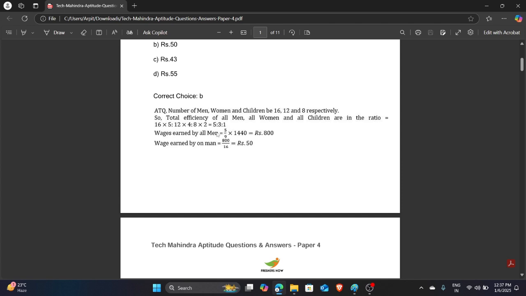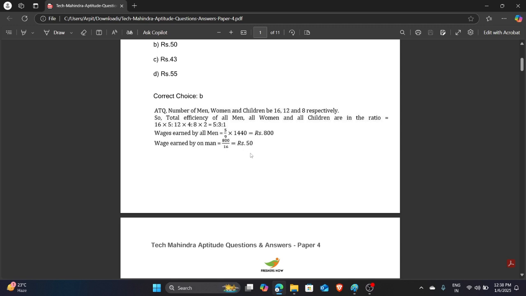They make it in ratio, the total work they can do. And now the total money that the men can earn is 800. Now the value that one man can earn is 800 divided by 16, which is 50.